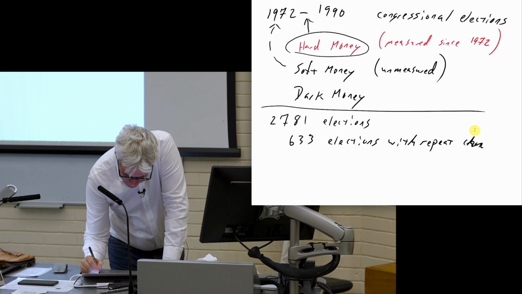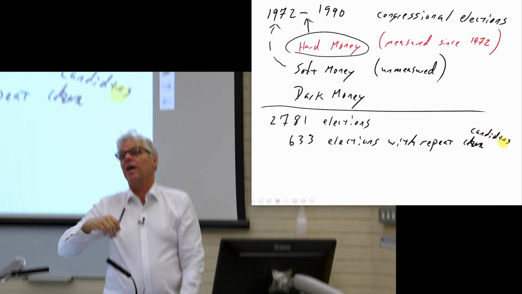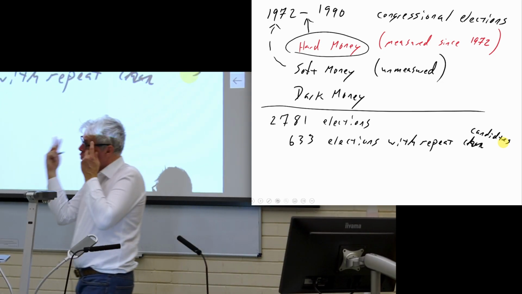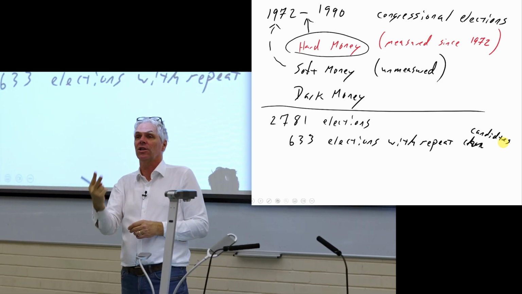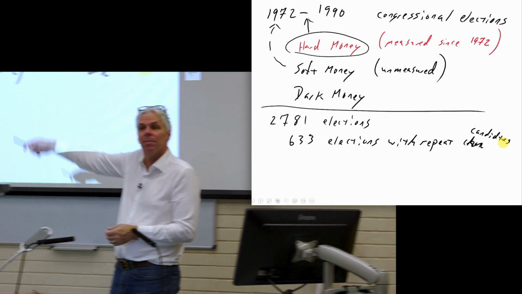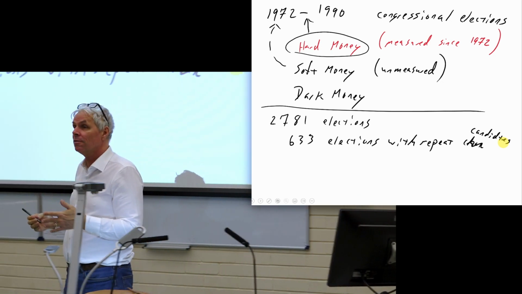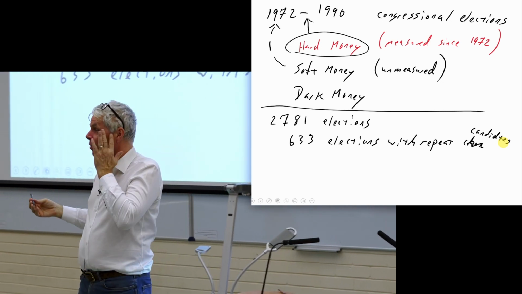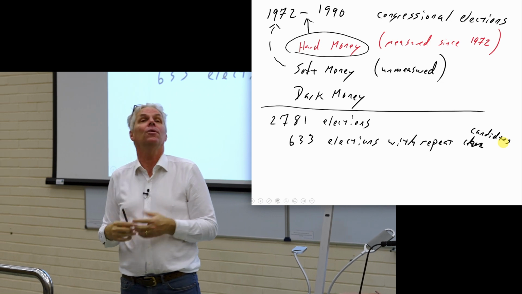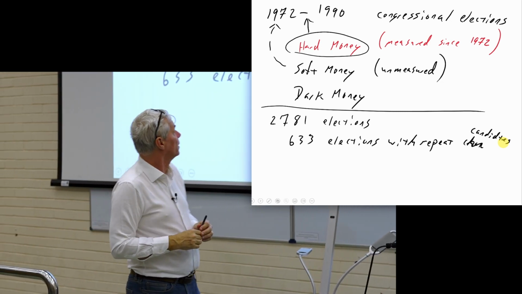Not just where the challenger is the same, but where we get the same two guys coming up against each other multiple times, which is pretty large. I was kind of shocked how big that is compared to the total number of elections. The same two guys come up against each other reasonably frequently. I had no idea. I knew it happened, but it's a thing that happens reasonably frequently.